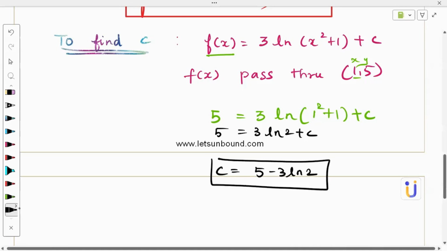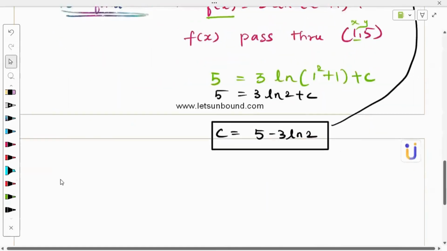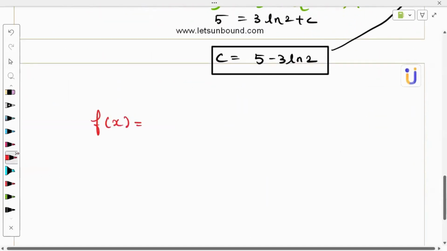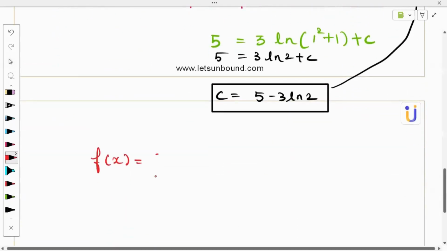Now we need to substitute it right back here, and we will get the complete f of x. So let me write f of x is equal to 3 ln x square plus 1, then plus c, this is my c, plus 5 minus 3 ln 2.